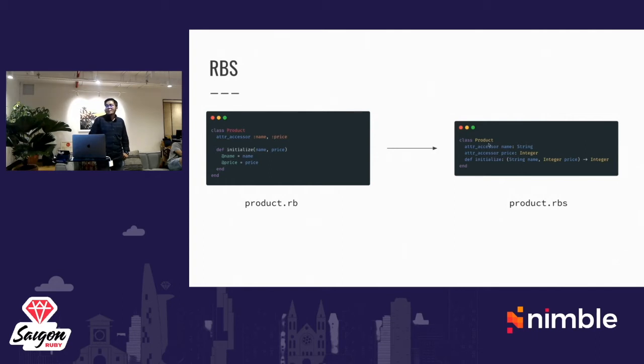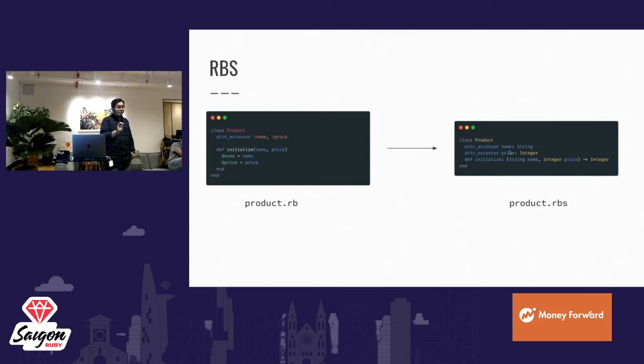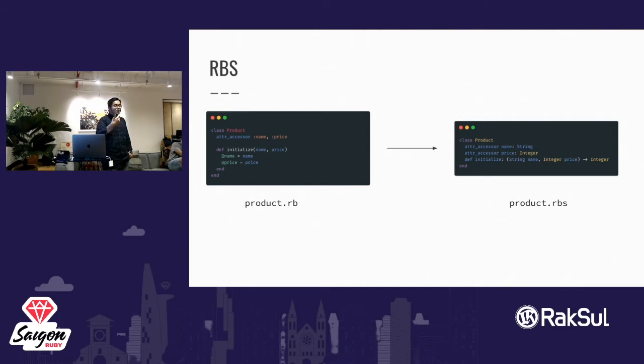For example, in the product class, it annotates that the name here is a string, the price here is an integer, and the initializer gets the name as a string and the price as an integer. That's it. It doesn't do anything else; it just tells us the type of the component.